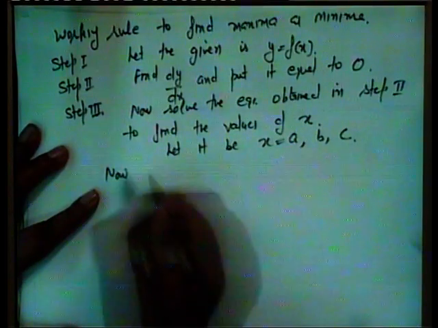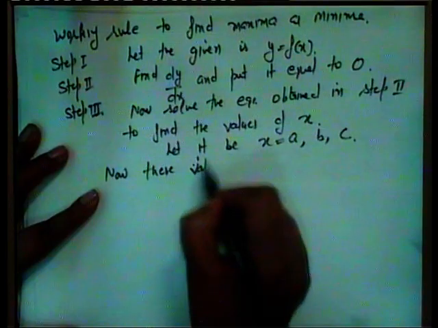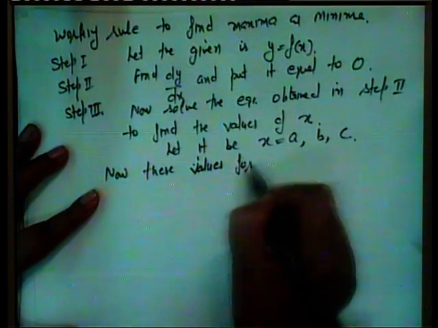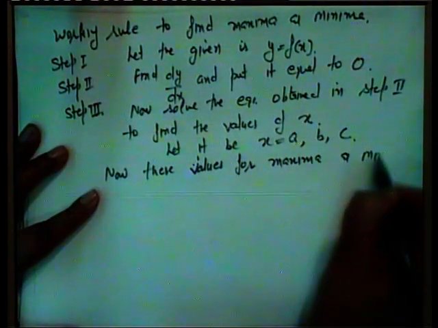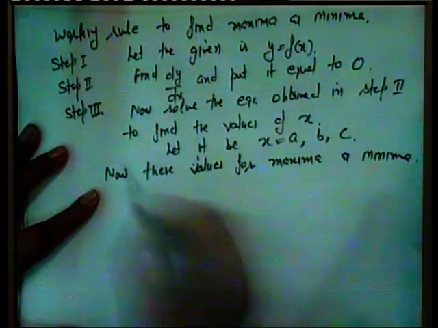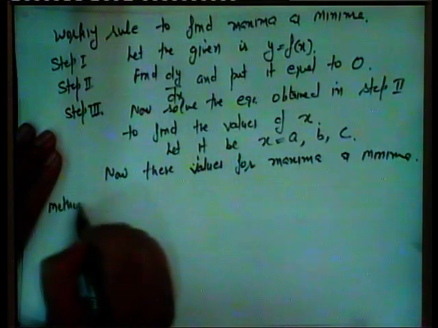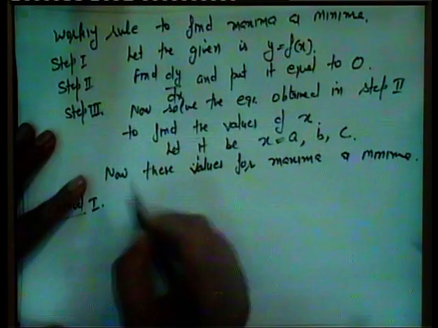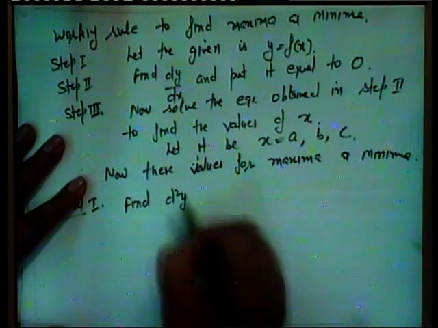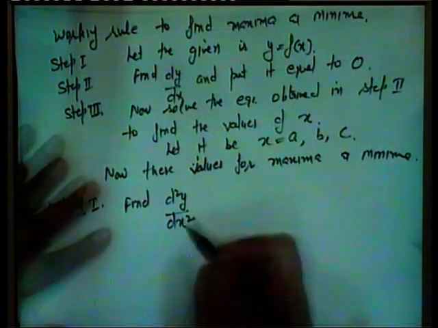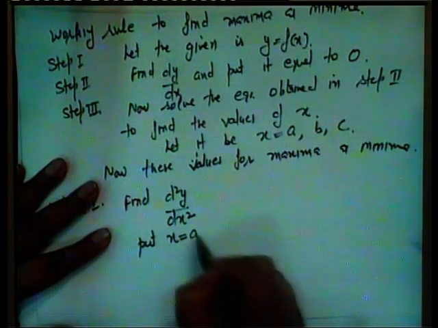Now, test these values for maxima and minima. For testing these values there are two methods. First method, find d2y by dx square. Put x = a.